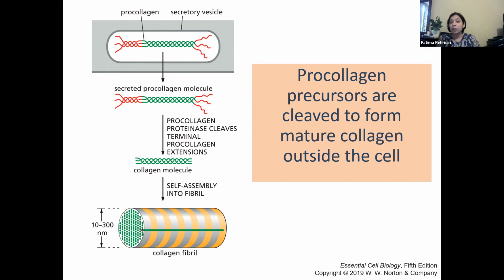Once there, special proteins, essentially proteases, cleave those extra extensions of the procollagen molecule, leaving it with just the main active component, which self-assembles into a fibril that can be anywhere from 10 to 300 nanometers wide. So they can vary in the size of those fibrils at the end of the day.